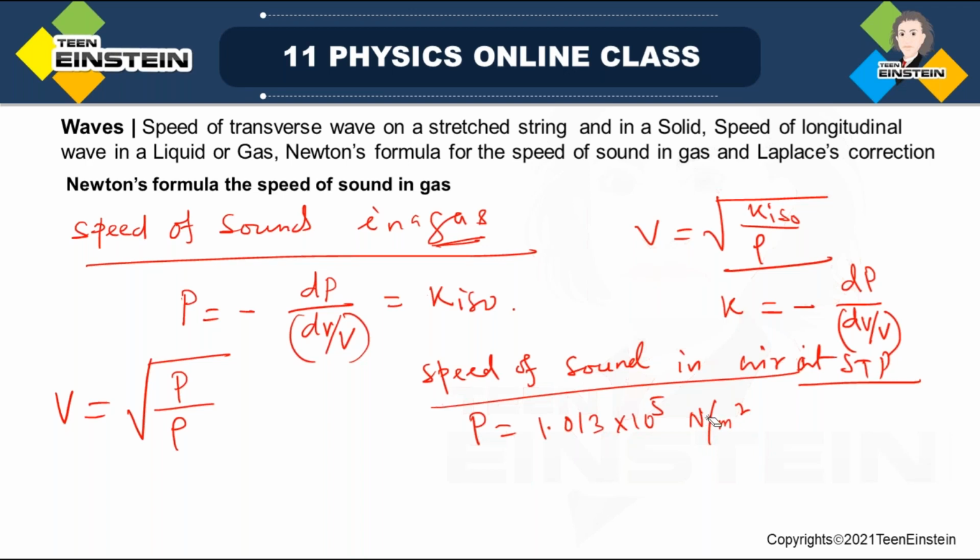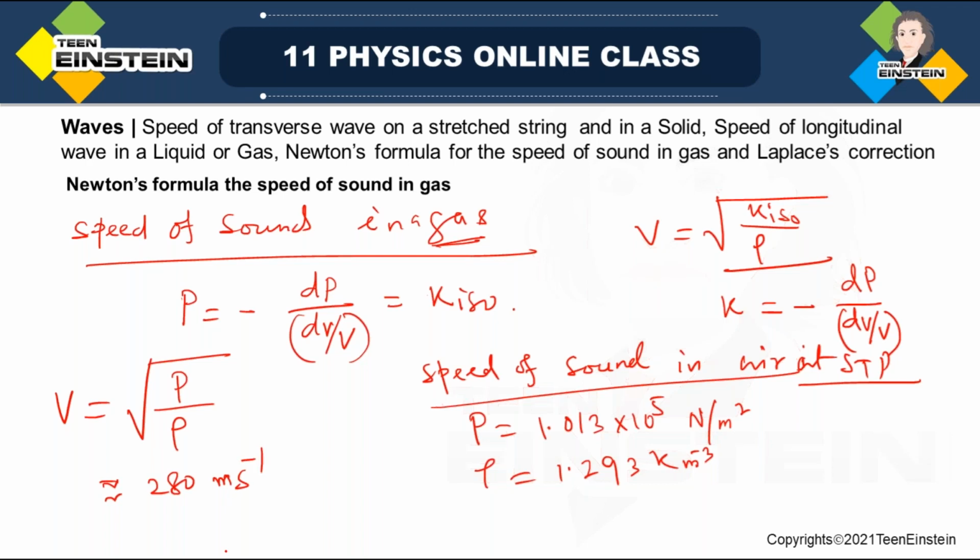And the density of air is 1.293 kg per meter cube. Now if you take the ratio, you get nearly 280 meters per second.